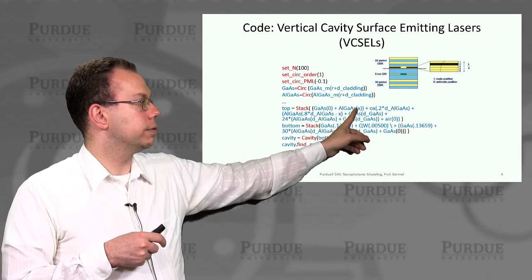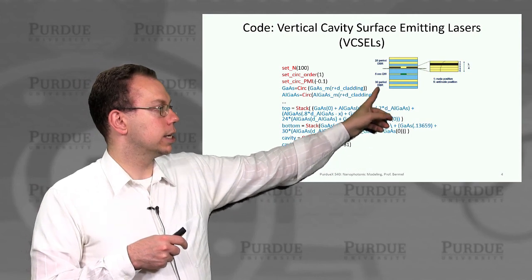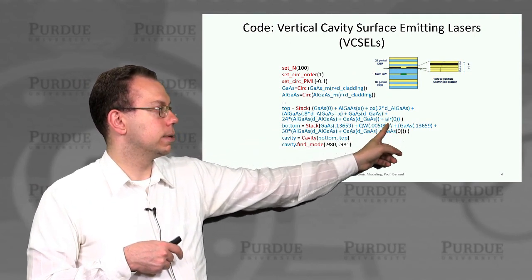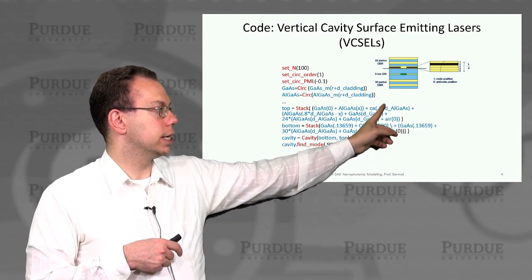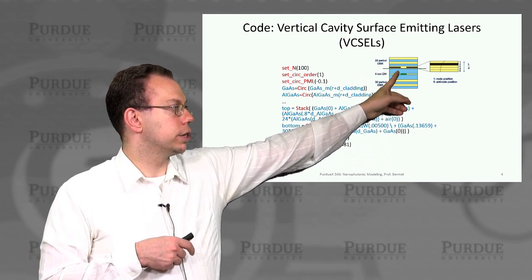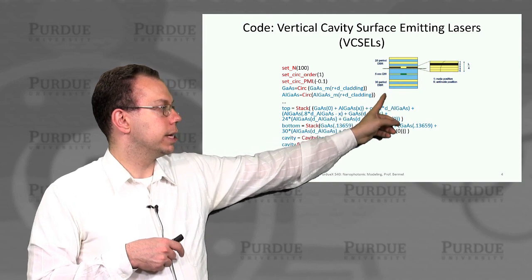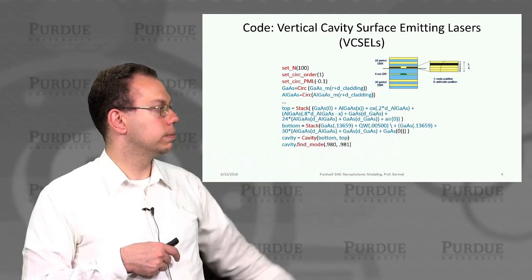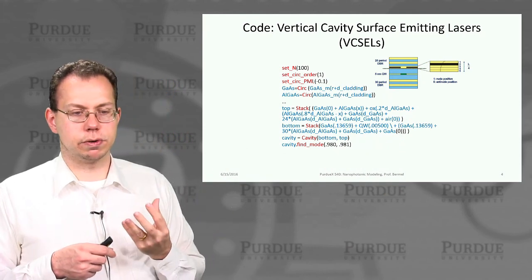And so you basically would stack a whole bunch of these layers on top of each other, alternating gallium arsenide, aluminum gallium arsenide, and then plus some oxide regions on the left and right hand side, which are shown here. And then you would have basically a node that's hopefully centered close to the quantum well. And then that would be where the mode would be located.